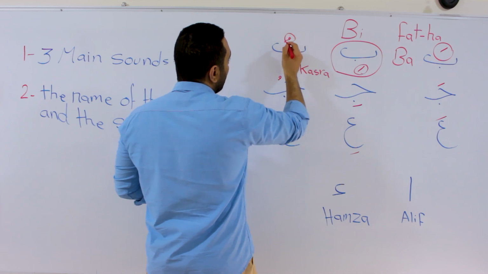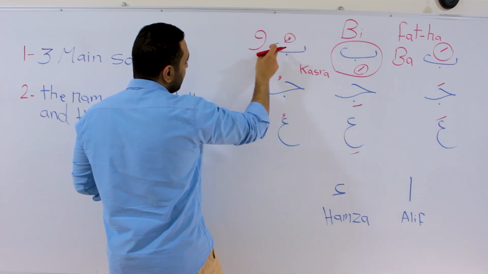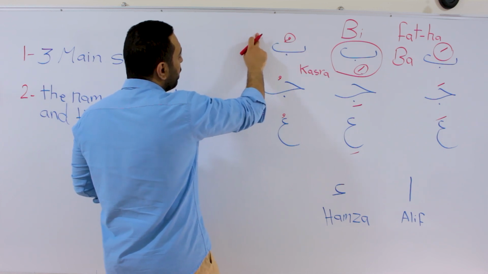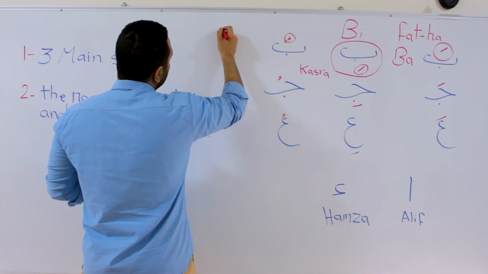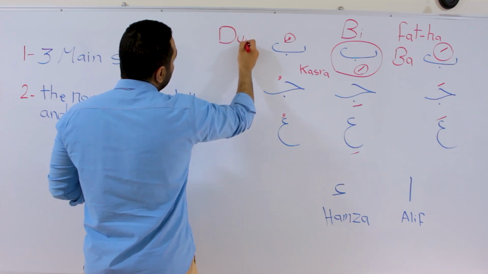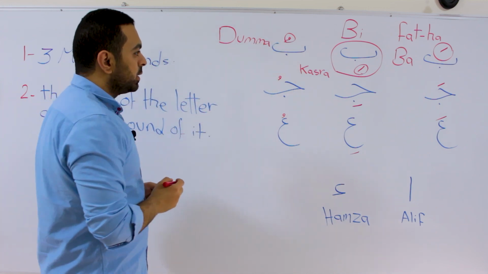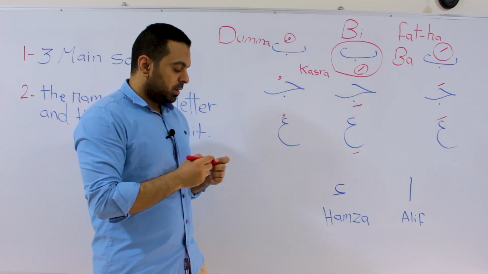And this little waw, a big waw is like this, so little waw, you make it smaller. So what is it called? Is it called waw or little waw? No, it's called Dhamma. So we have Fatha, Kasra, Dhamma.